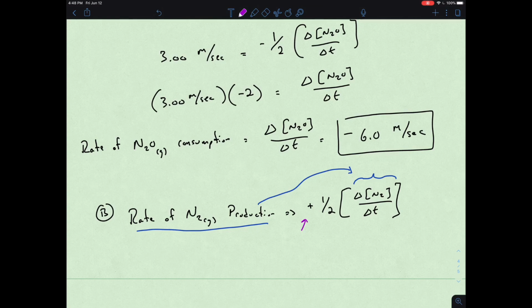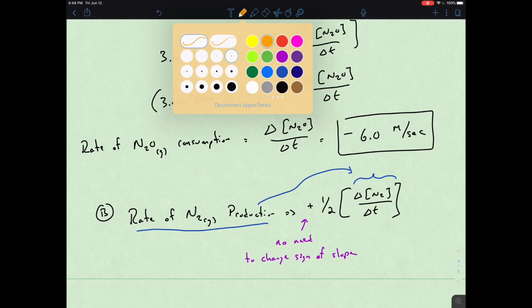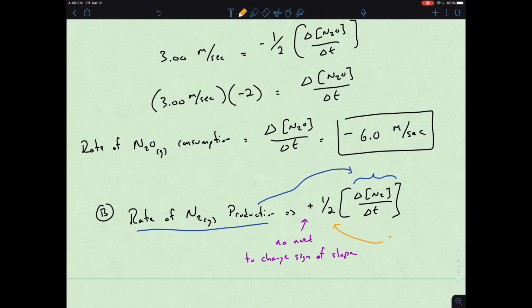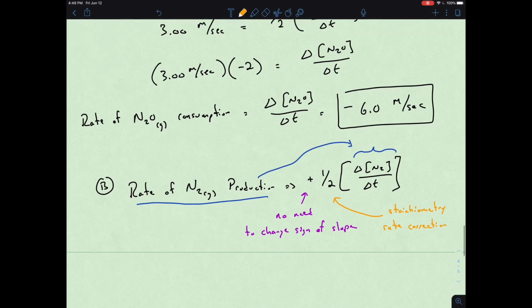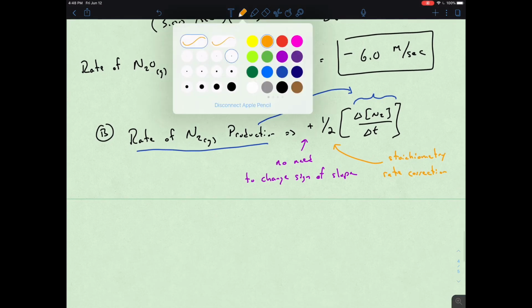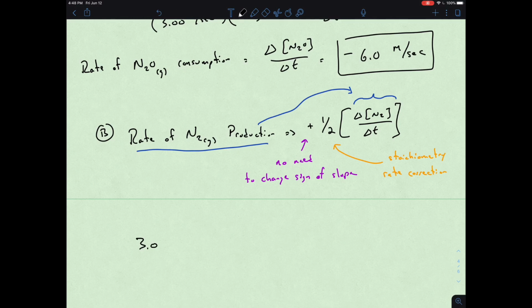So here, there's no need to change the sign of the slope. We still have this stoichiometry rate correction, and those are both then equal to the rate of our particular process. So we would say that our rate, again, overall was 3 molar per second.